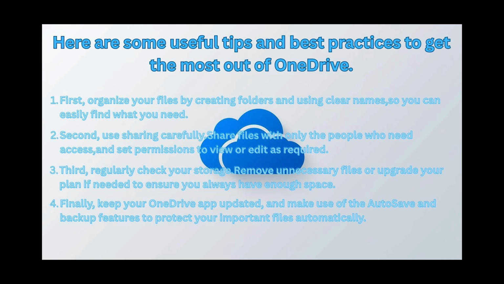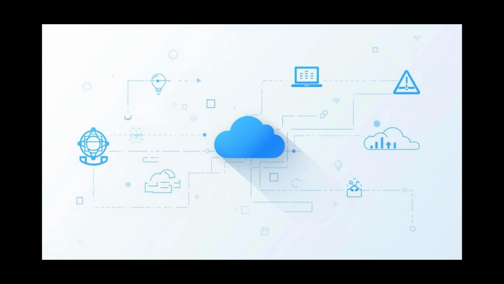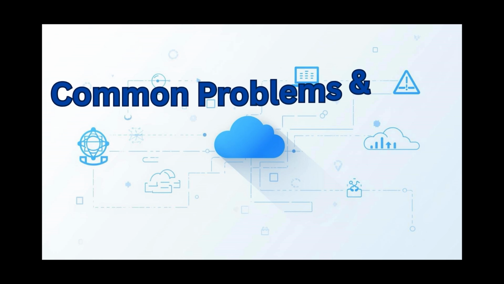Third, regularly check your storage, remove unnecessary files, or upgrade your plan if needed to ensure you always have enough space. Finally, keep your OneDrive app updated and make use of autosave and backup features to protect your important files automatically. Common problems and fixes.